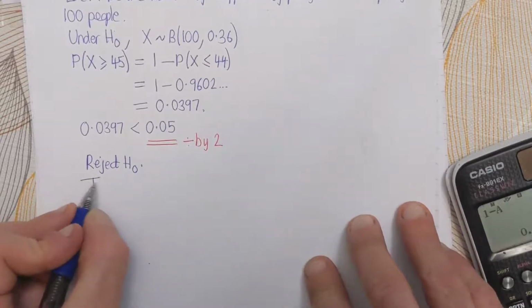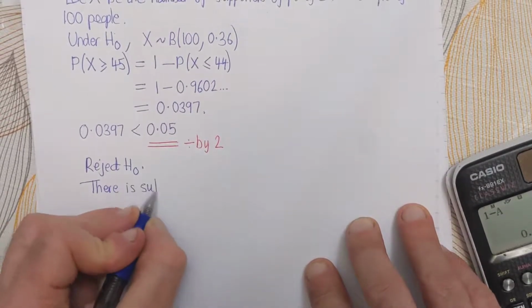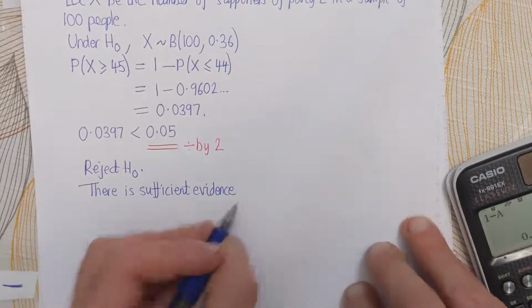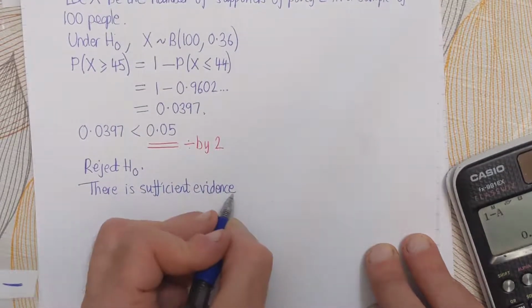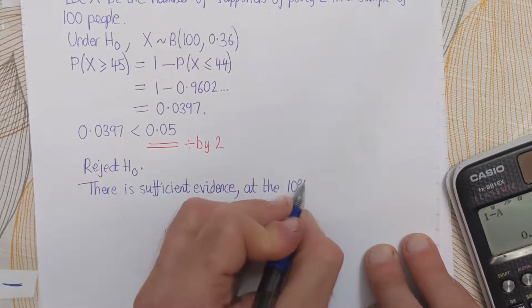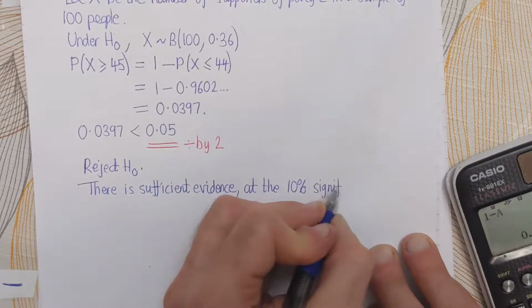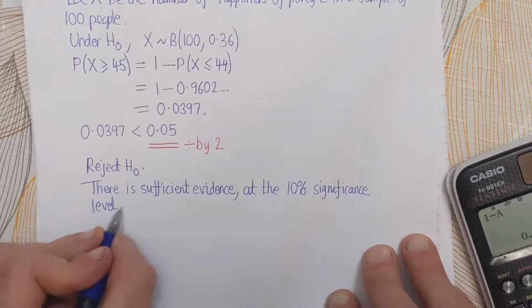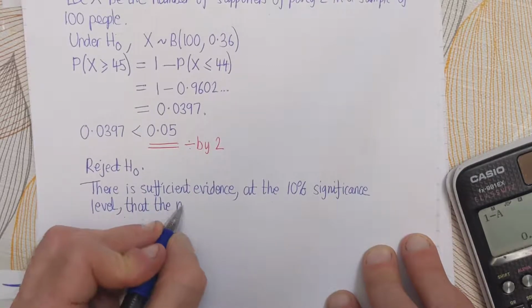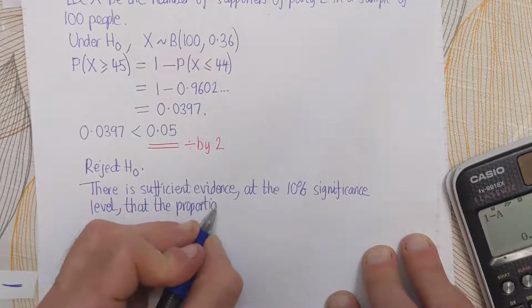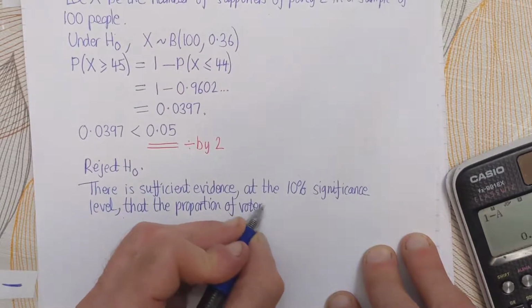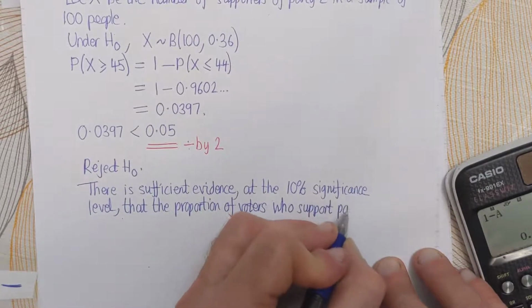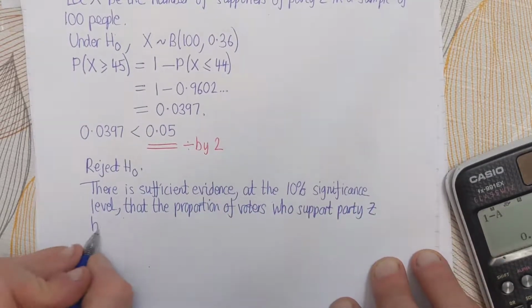And so there is sufficient evidence at the 10% significance level that the proportion of voters who support Party Z has changed.